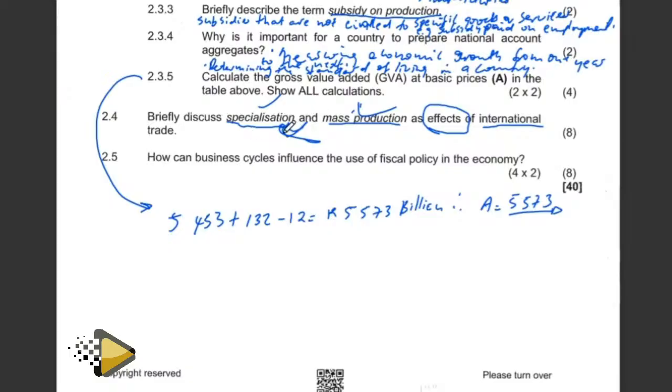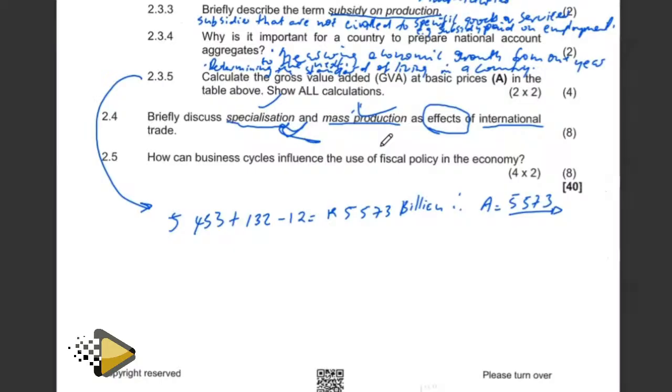Okay, right. So now let's check the effect of mass production on international trade. If we have mass production in line with international trade, it means that the country is able to produce goods and services in larger quantities. It means that it is going to sell to other countries.